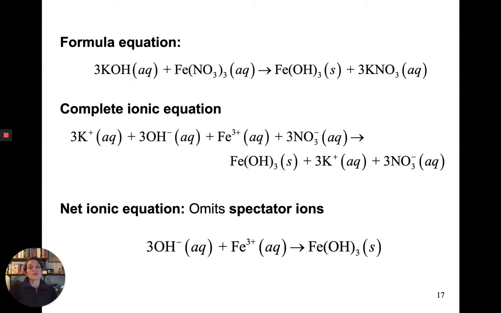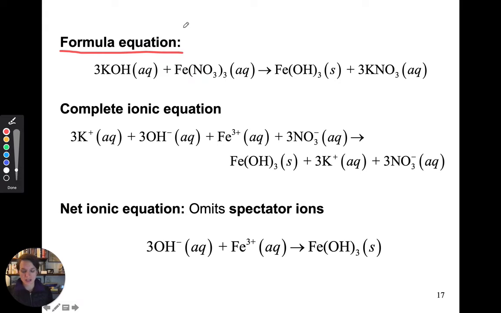All right, there are 3 different ways of representing these kinds of reactions. The first is our formula equation. The formula equation is what we've been doing this entire time, right? You can just think of that as your chemical equation. I very rarely call it the formula equation, but that's what it is.